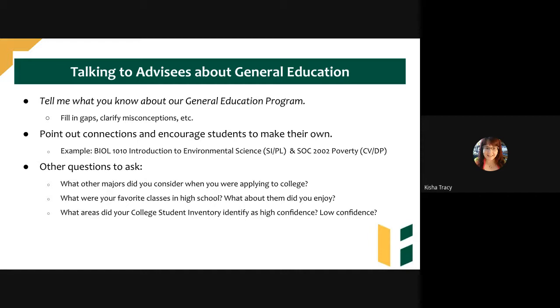So encouraging students to think back and perhaps take a class that was similar to something that they enjoyed in the past. And then lastly, students take the college student inventory, and it is an assessment that rates on several different things. And one of those is high confidence and low confidence on several different areas like math and reading.